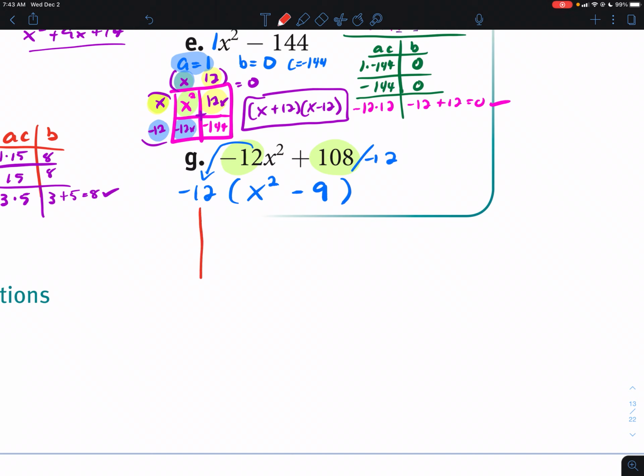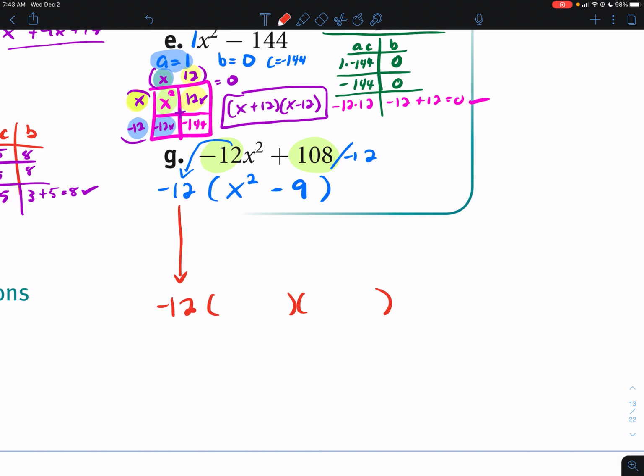And like I said, with our GCFs, they just hang out to the end and they'll go in the front. And so now we need to look at x squared minus 9. Notice how it's just two terms. Our a is 1. We don't have the b, so we'll say b is 0, and then c will be negative 9.